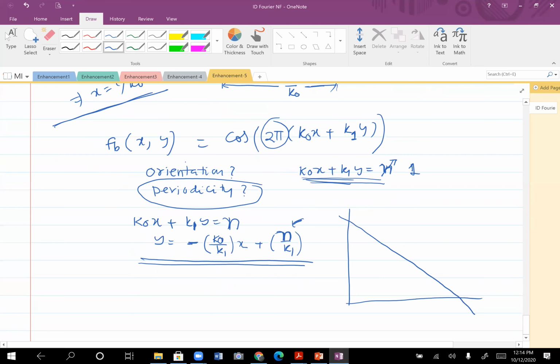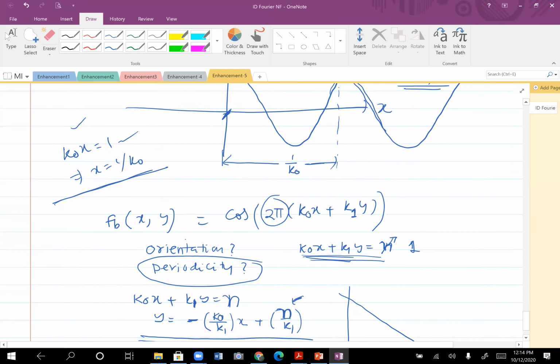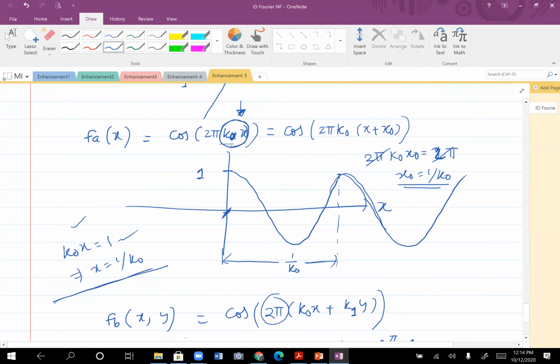All I am doing is like in 1D, k naught x equal to n, so when x equals n by k naught, that keeps repeating: 1 by k naught, 2 by k naught, 3 by k naught, and so on.